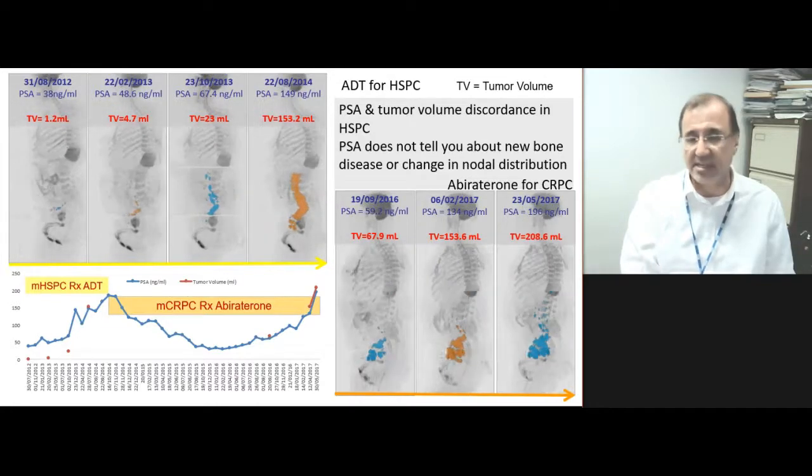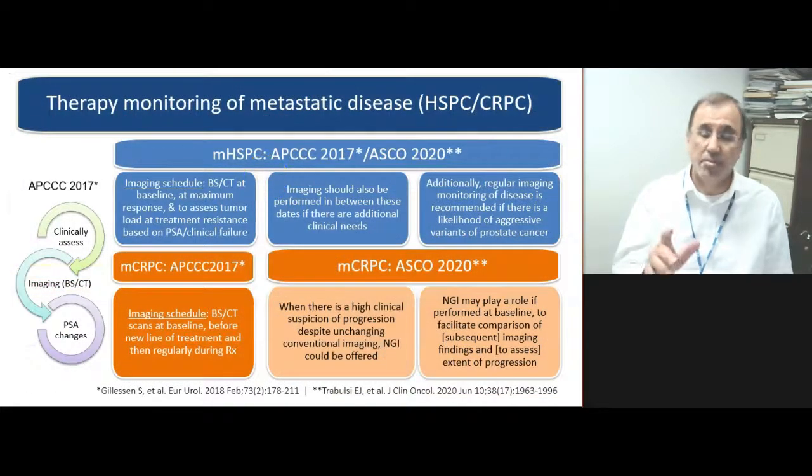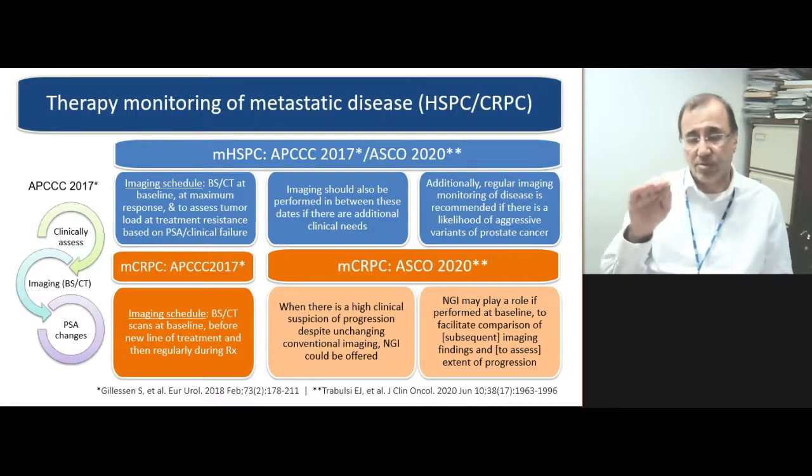Combining the APCC guidelines with the ASCO guidelines, there is now increasing recognition of the role of next-generation imaging for therapy monitoring. So for hormone-sensitive disease, bone scans and CT scans are still preferred on a schedule that is determined by the rate of change of PSA.